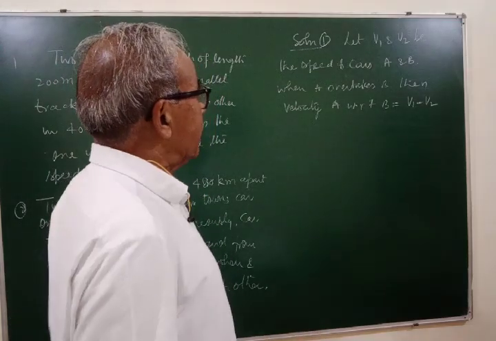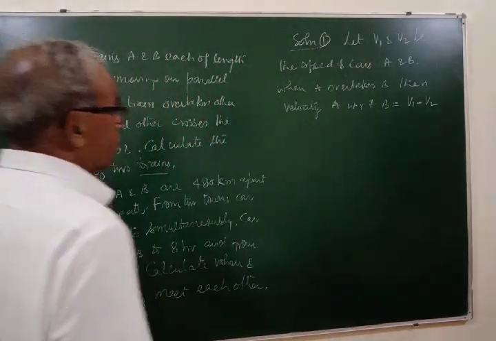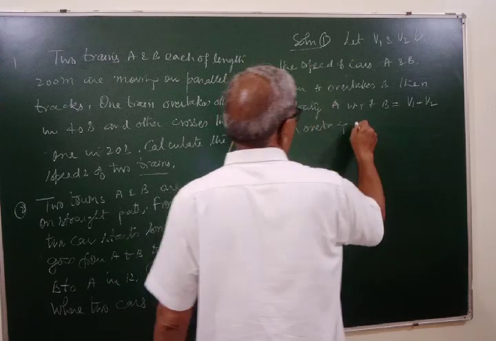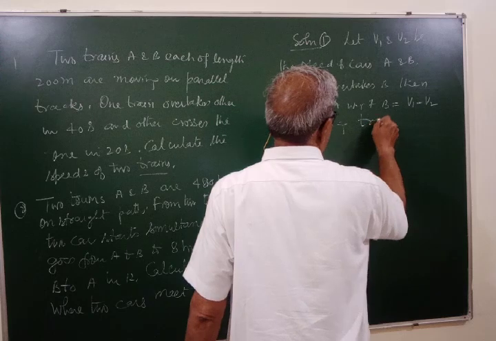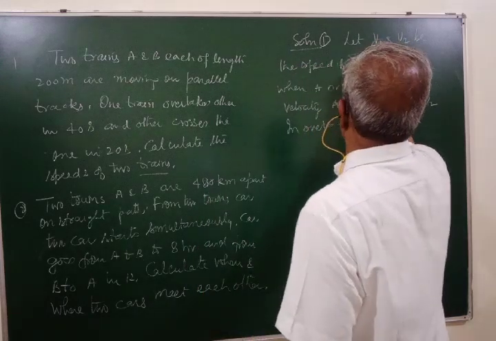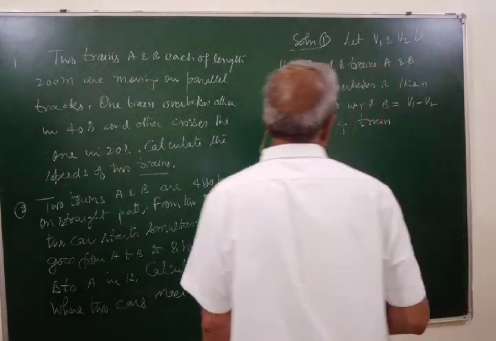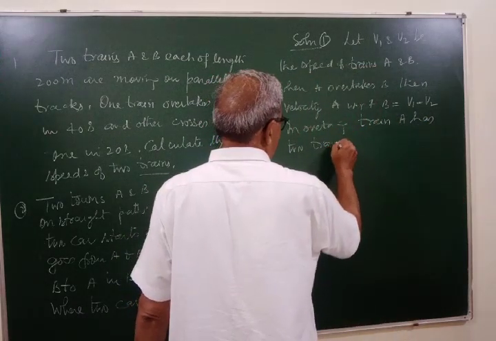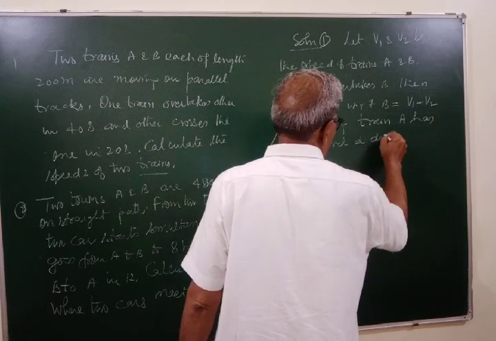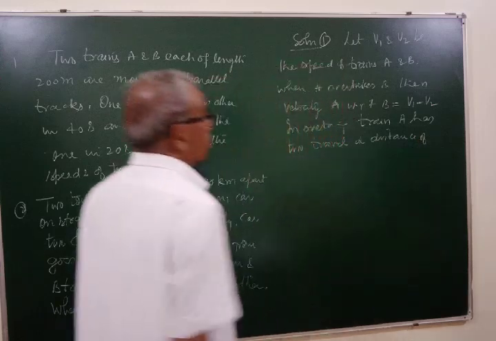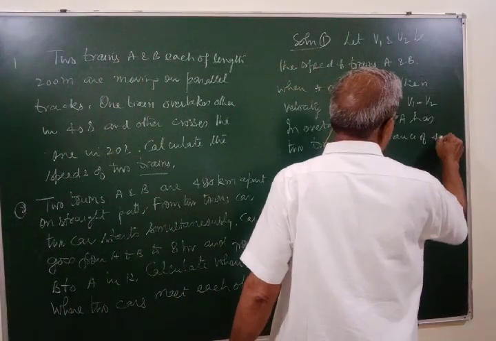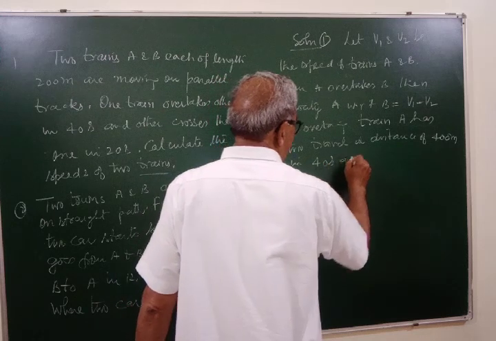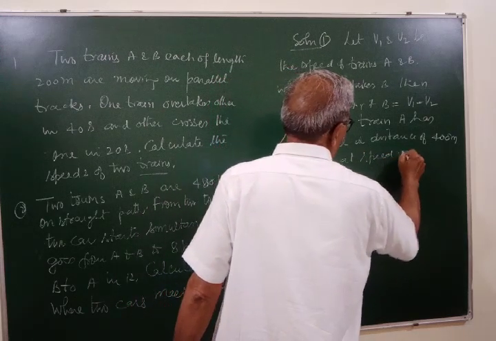And in overtaking, since the length is 200 meter, train A has to travel a distance of 400 meter in 40 seconds at a speed of V1 minus V2.